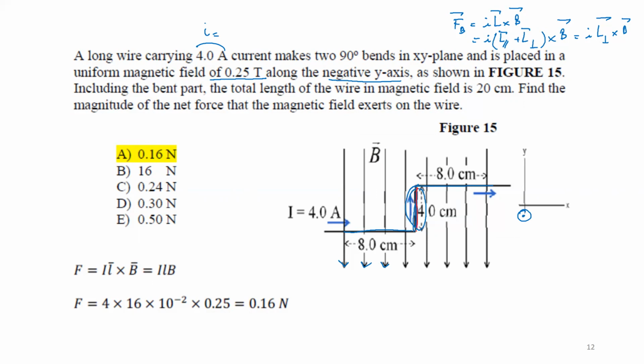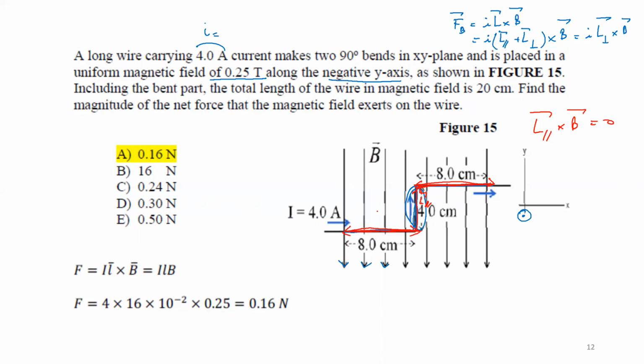Why? Because the L vector, which I call here L parallel to B, is of course parallel to B, so L parallel cross B is 0. So no magnetic force here. The magnetic force will act on this L perpendicular. This is perpendicular to B and this is perpendicular to B. So these two portions of 8 centimeters will feel the magnetic force.